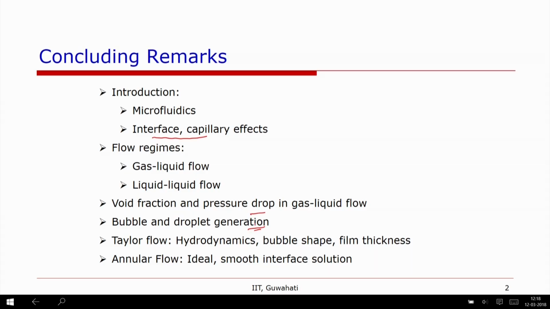So, in a lecture we also discussed the void fraction and pressure drop in gas liquid flows in microchannels. We briefly touched upon the annular flow and looked at the analytical solution for an ideal annular flow, and how we can calculate the interfacial radius or the thickness of the liquid film and the pressure drop in ideal conditions in annular flow.